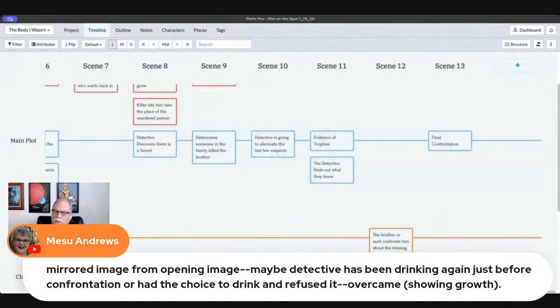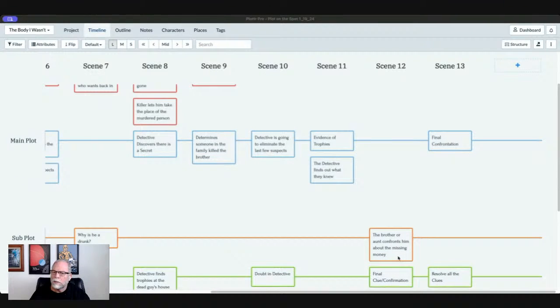That's actually an awesome idea. And mirroring that first image is a fantastic idea. It shows growth of the character. It shows us what is happening in the story.